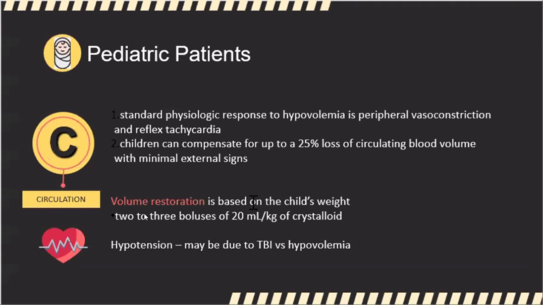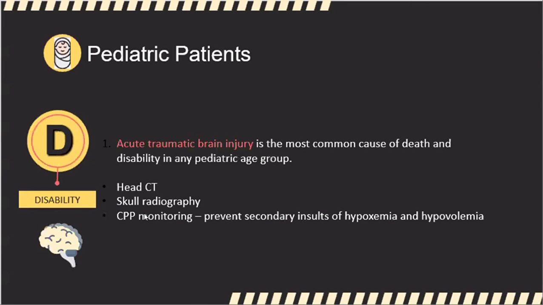If hindi siya nako-correct despite fluid resuscitation, it may be due to TBI or traumatic brain injury, or hypovolemia from bleeding, or neurogenic shock or cardiogenic shock. So if persistently hypotensive, you must investigate kung ano yung source. For pediatrics, acute traumatic brain injury is the most common cause of death and disability in any pediatric age group.